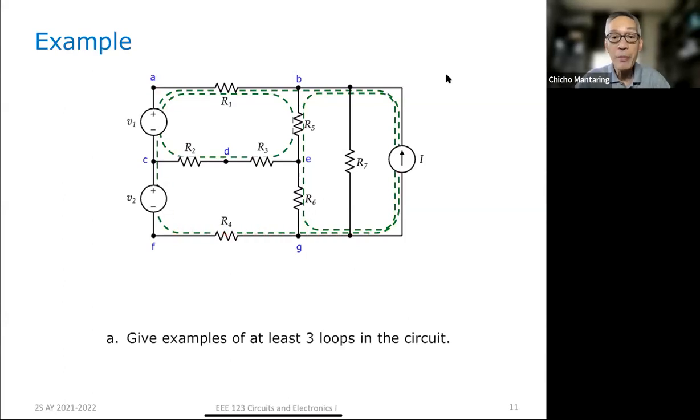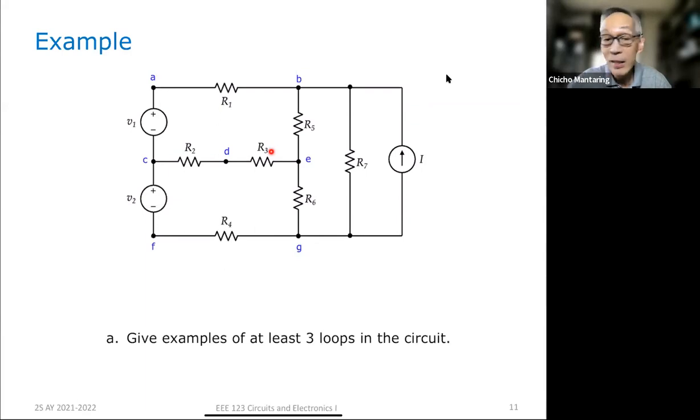Can you tell me how many loops there are in this circuit? Madami, no? There are plenty of loops in this particular circuit. This is one loop. This is one loop. This one is one loop inside here. This is another loop inside here. Then I can take it 2 at a time.